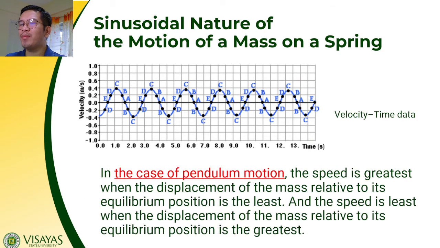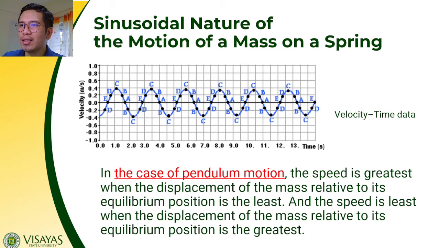So the magnitude of the velocity is the speed. The direction is often expressed as a positive or a negative sign, because we all know that velocity is a vector quantity which contains both the magnitude and direction.